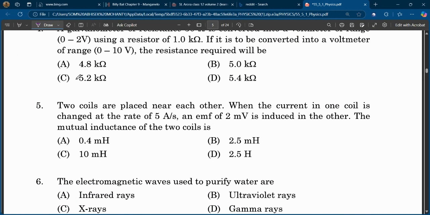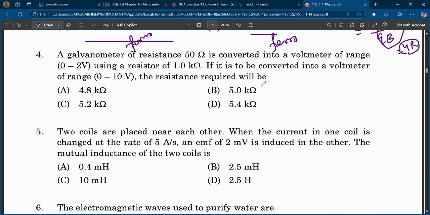Next question. A galvanometer of resistance 50 ohm is converted into a voltmeter of range 0 to 2 volt using a resistor of 1 kilo ohm. We have done this kind of question in the previous class. If it is to be converted into a voltmeter of another range, the resistance required will be? So try. To convert into a voltmeter, the resistance will be connected in series with the galvanometer.